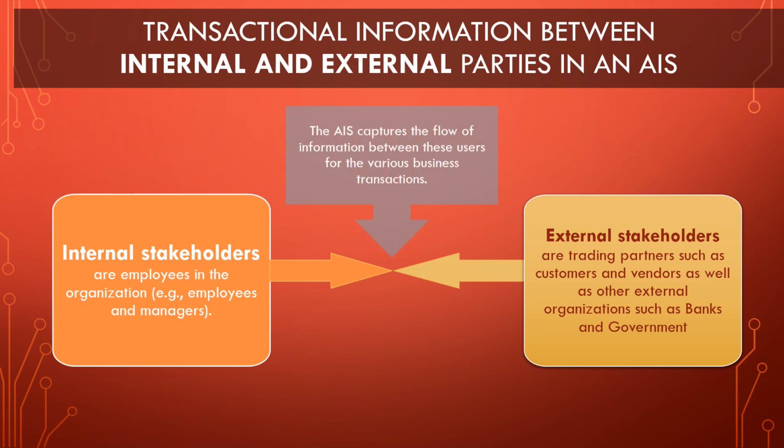The accounting information system captures the flow of information between these parties or users for the various business transactions. Its main role is to capture this flow of information between the external and internal parties.